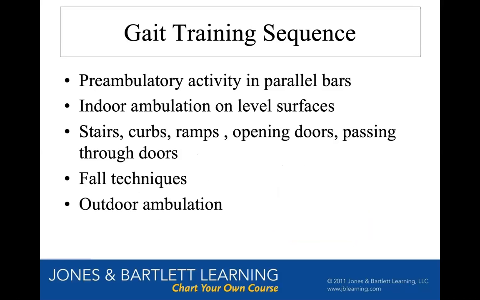So what does the whole gait training sequence look like? Just in a nutshell, parallel bars we talked about. Then you're always going to train somebody on level floors, like inside on tile, concrete floors, wood floors. You wouldn't want to start off on carpet, because carpet is actually a lot harder to walk on.